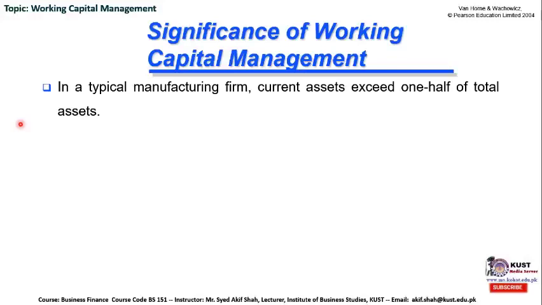So typically we have one half of the total assets in the current assets of the company. Let's suppose if the company has $100 of total investment in total assets, then $50 are stuck in the current assets and $50 have been utilized in the fixed assets of the company.